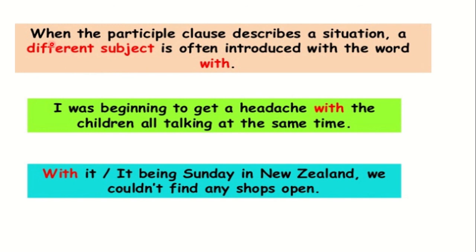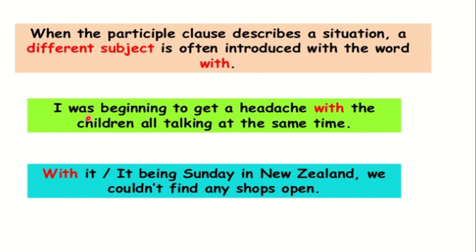Next, when the participle clause describes a situation, a different subject is often introduced with the word with. When a situation is being described by the participle clause, so different subject is used with the word with.